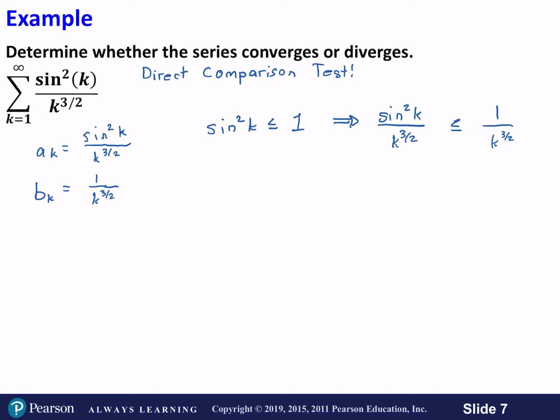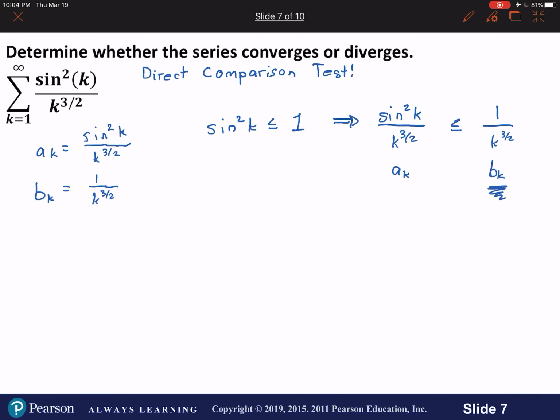And now suddenly, this is our a_k and this is our b_k. And our larger series converges, this b_k converges, which means that our smaller one, a_k, must converge as well.